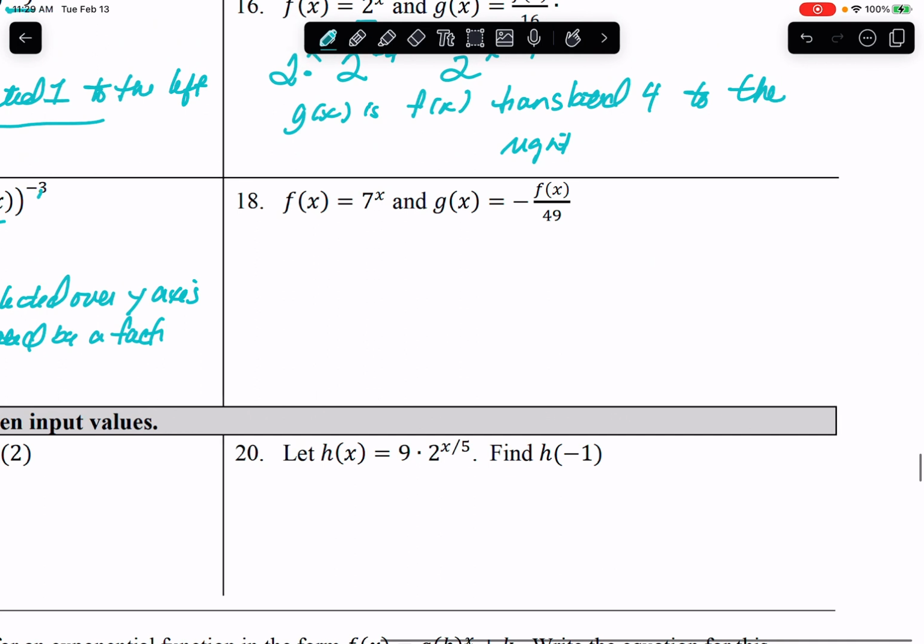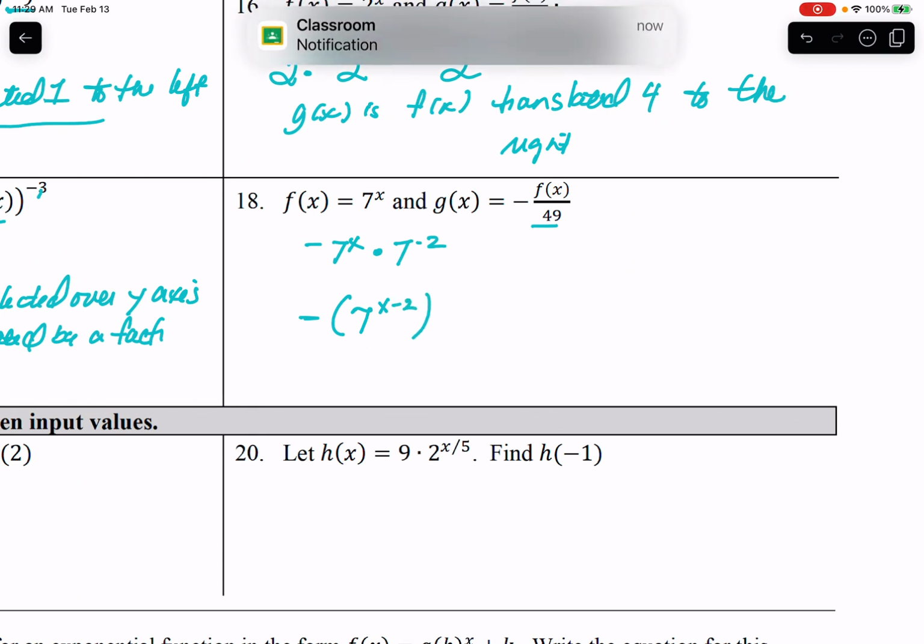All right, looking at this one, we have negative 7 to the x times 7 to the negative 2. So this is negative 7 to the x minus 2. So several things going on here.